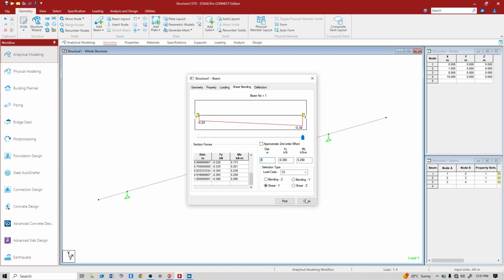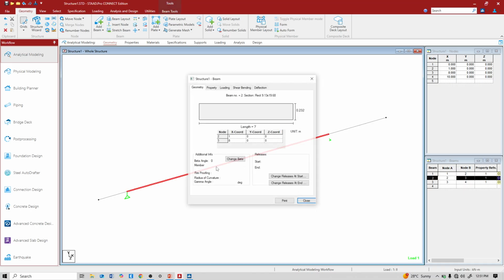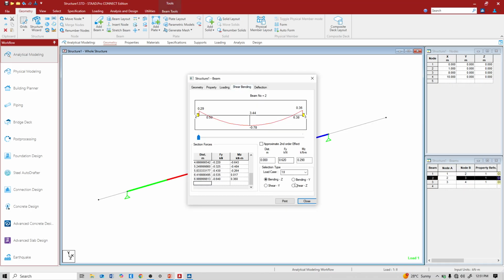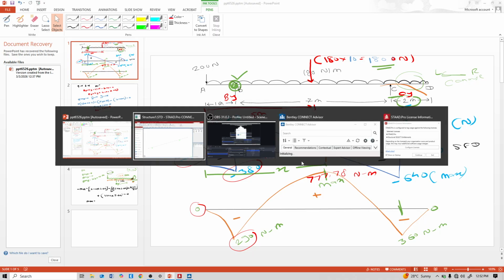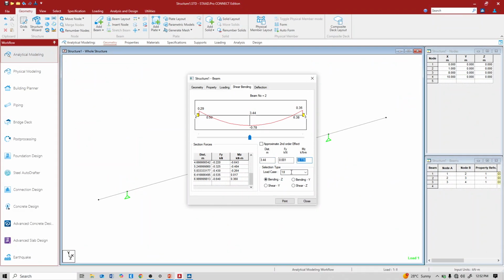For that, select this beam. Now check for 0, 0. Check for 3.44. See 777.78 and here is 778 and here is near 0.